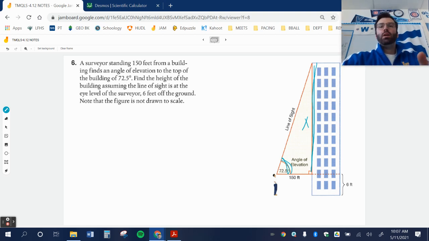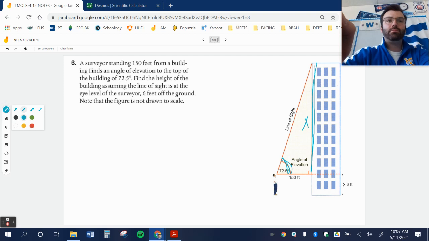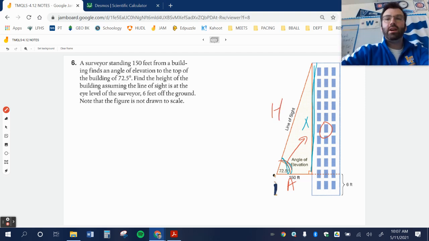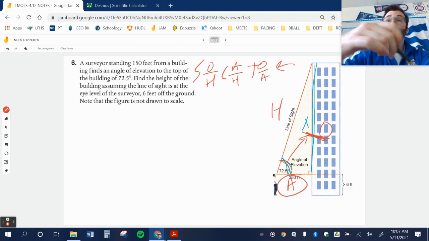Anyway, let's use trig, SOH CAH TOA. I want to find the opposite side, and I have my adjacent side. So that means I'm going to use TOA, or tangent.